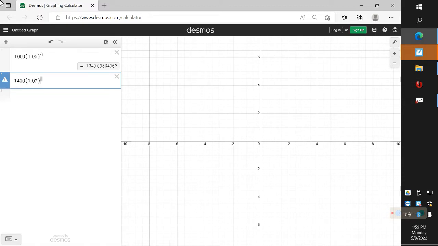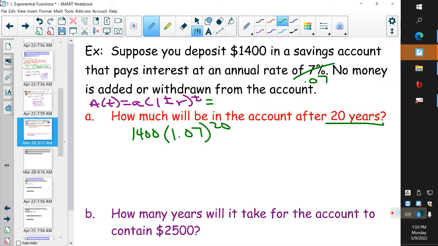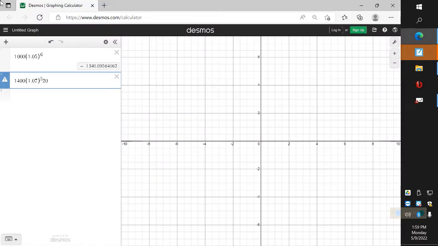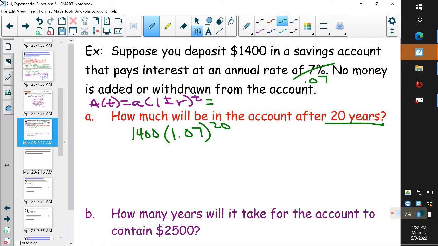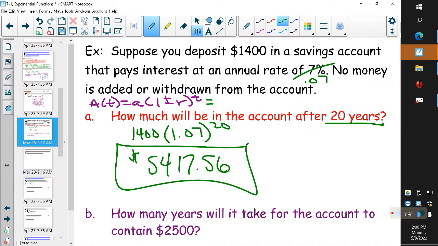Raised to the 20. So, how much money will I have in my account now? $5,417.36. Yes? Does that make sense?